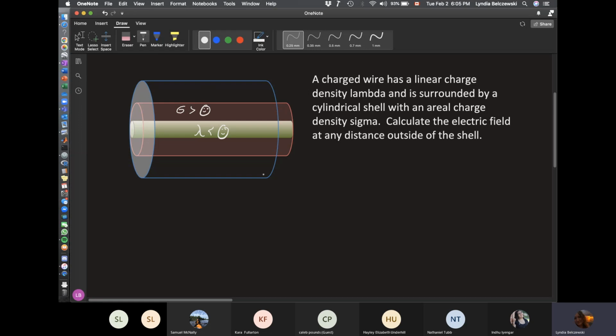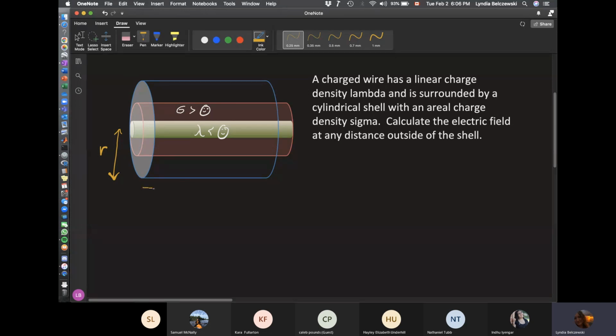And what I want you to try to do, and this is where our last PAL session kind of ended off, is come up with an equation that would calculate the amount of charge enclosed by the blue Gaussian surface. And I'll give you the variables that I want you to use. The radius of our Gaussian cylinder, we'll call this lowercase r.